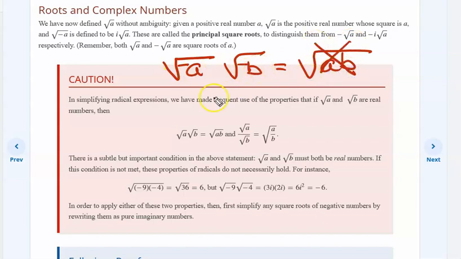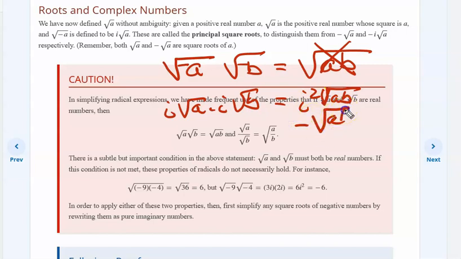How would you do that? Well, you would go i, the square root of a, times i, the square root of b, equals i squared, the square root of ab. That's different. And what is i squared? i squared is negative 1, the square root of ab.